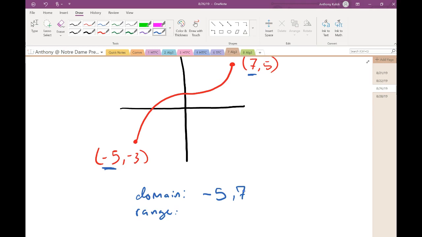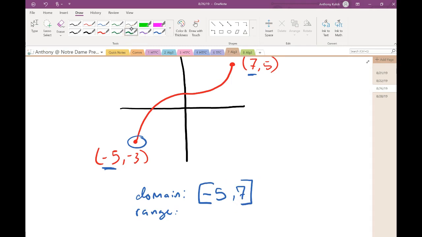So let's start with the -5. Is there a point on the graph that actually uses the x coordinate -5? Yes, right? This point right here actually has the x coordinate of -5. So because it's actually part of the graph, it should be included, and I will use a bracket. How about the 7? It is also included. We should also use a bracket there.